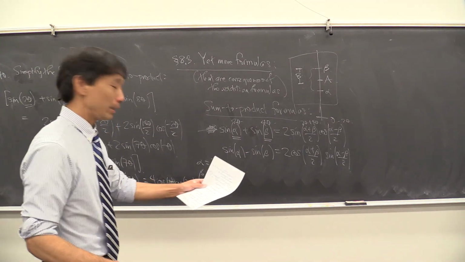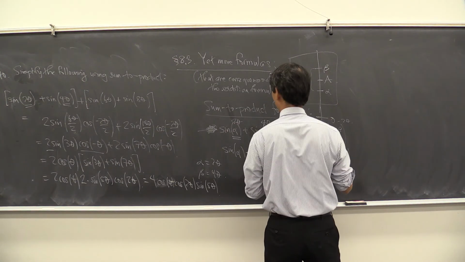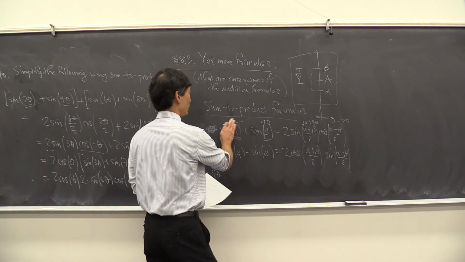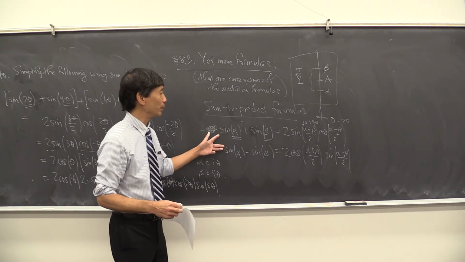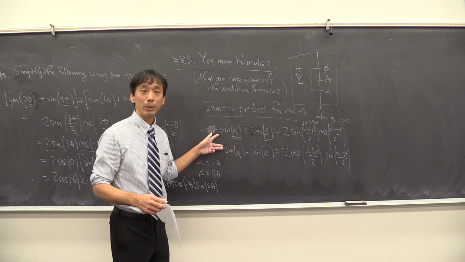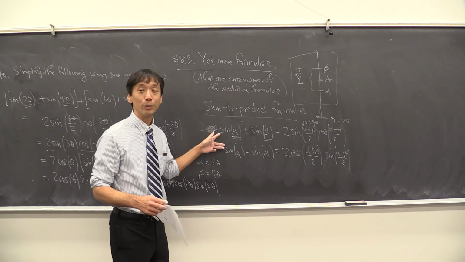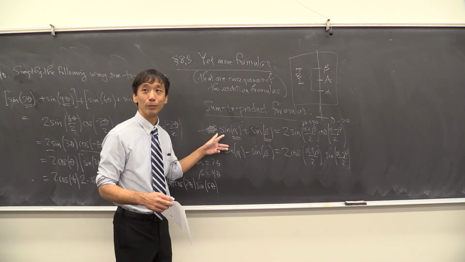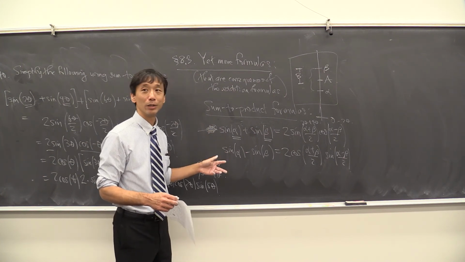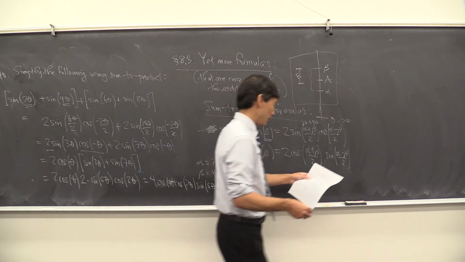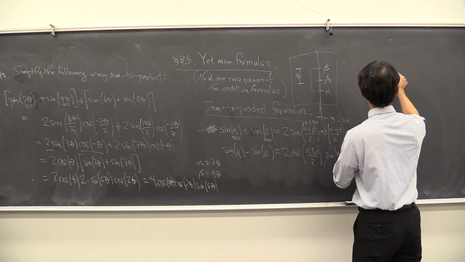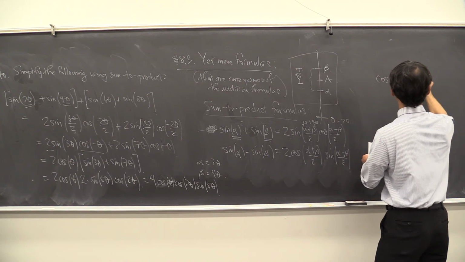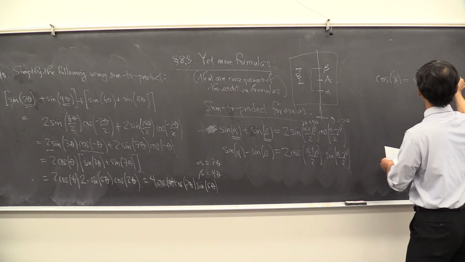Okay. Let me just make one last comment, which is, looking at these sum to product formulas, you might be thinking, how come we don't have any cosines? We're only talking about the sines here. And the reason is that cosine of an angle, we can change it to sine of pi over 2 minus the angle.